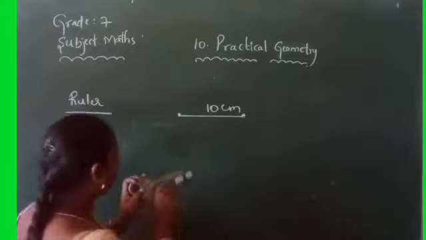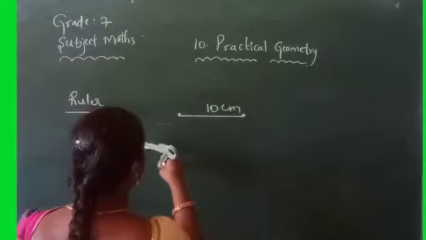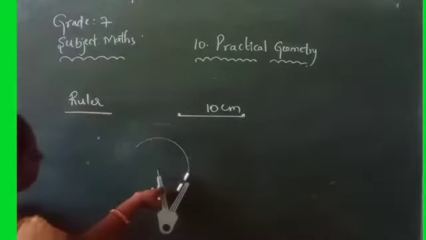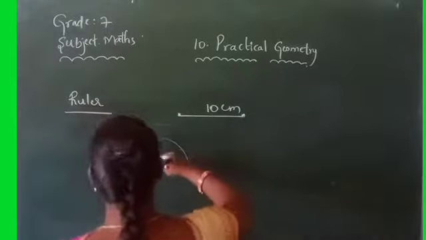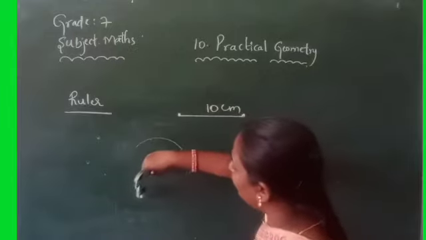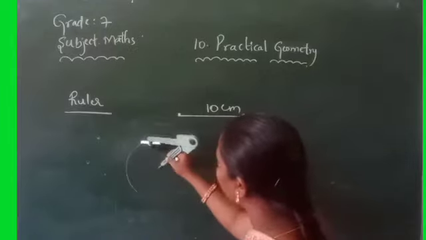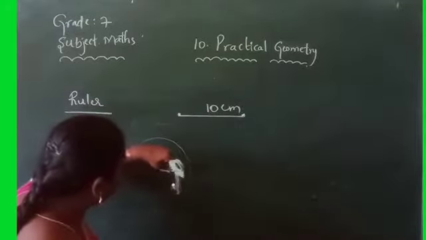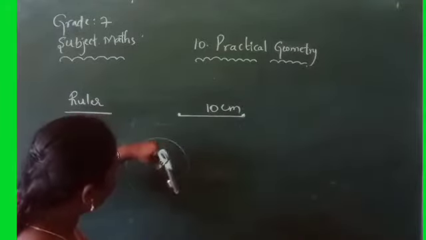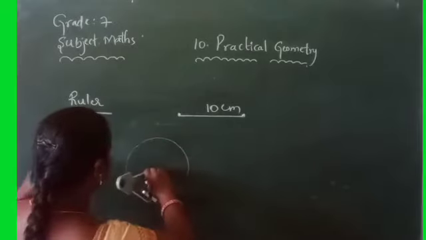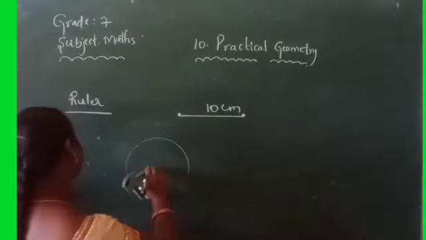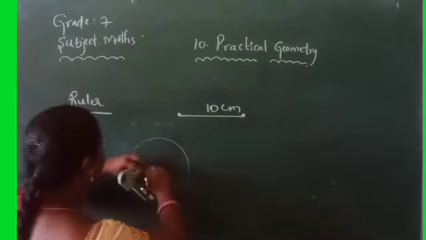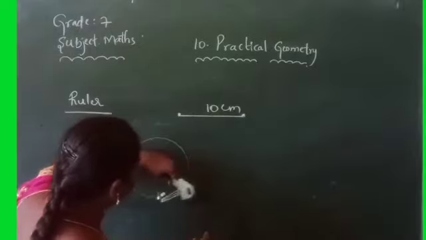How to draw a circle? By using these compasses. Whenever you are drawing the circle, you don't change the position of the pointer, so you have to take the correct center. If you change the place, will it give the same shape of a circle?